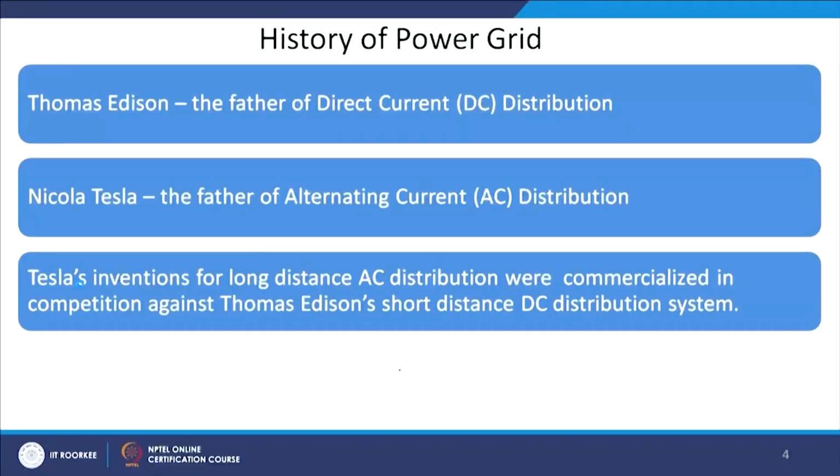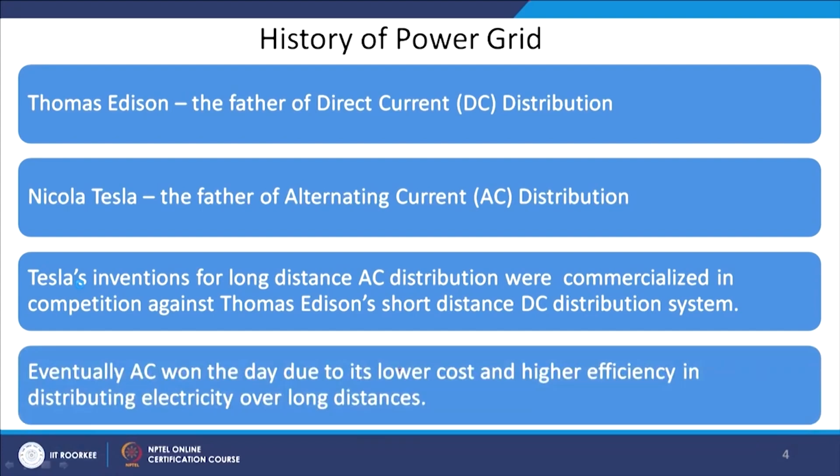Tesla's invention for long distance AC distribution was commercialized in competition against Thomas Edison's short distance DC distribution system. And eventually AC distribution won the day due to its lower cost and higher efficiency in distributing electricity over long distances.